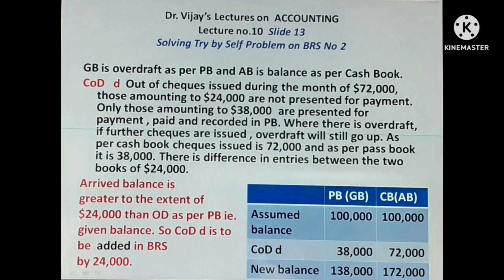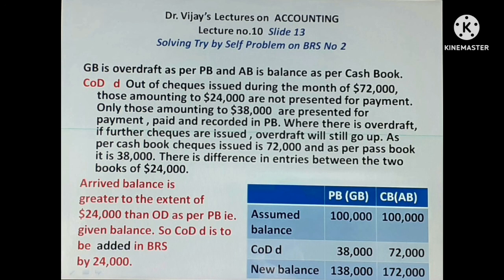So, out of the 72,000, only those amounting to 48,000 are presented for payment, paid and recorded in the passbook. Where there is overdraft, if further checks are issued, overdraft will go up. As per cash book, 72,000 has gone up. As per passbook, only 48,000 has gone up. So there is a difference between the two books of $24,000.